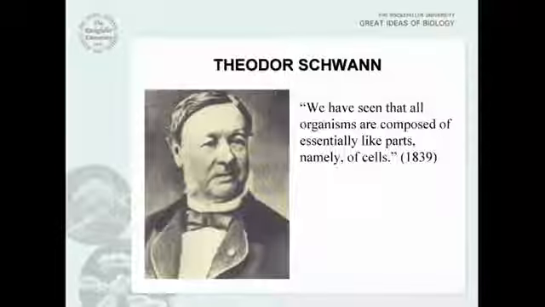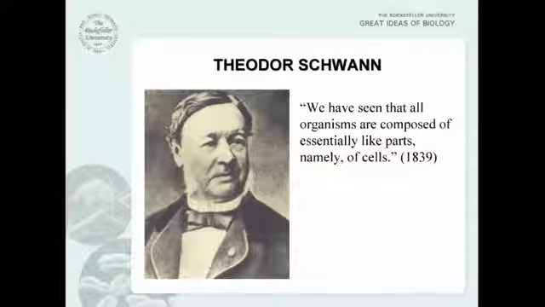And Schleiden, who was a botanist, and Schwann, who was a zoologist, came to the conclusion, in German, of course, in a book of 1839: we have seen that all organisms are composed of essentially like parts, namely of cells. And that is half the cell theory. It's the half which says cells are the basic structural unit of life.